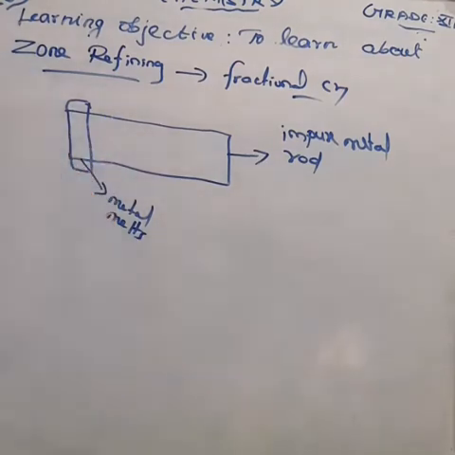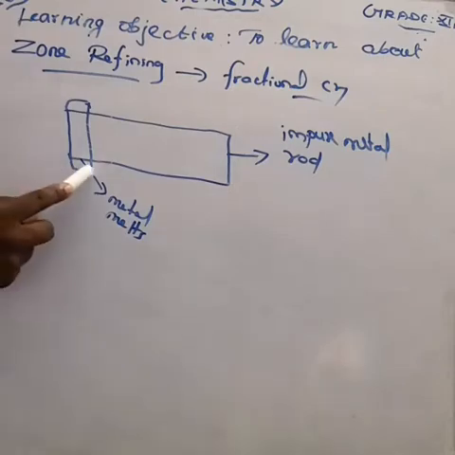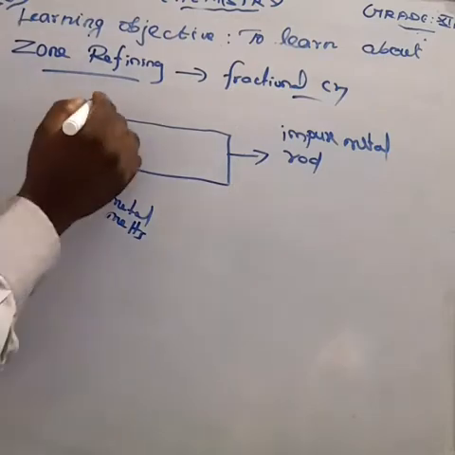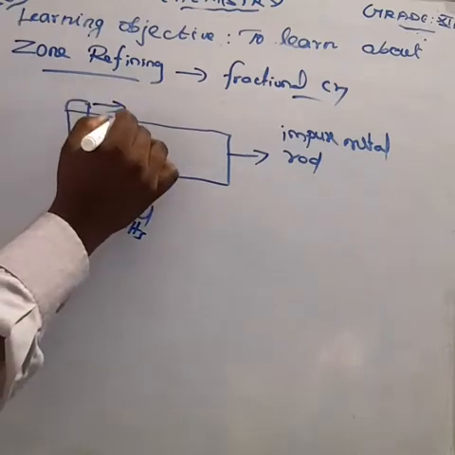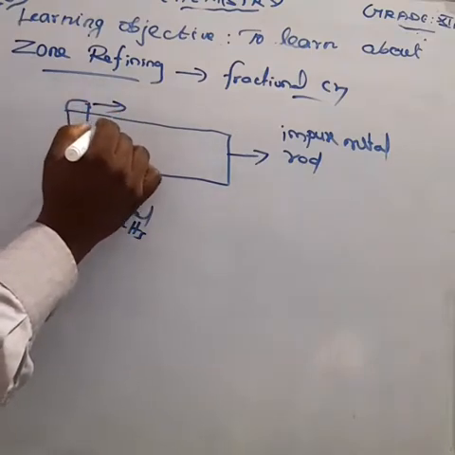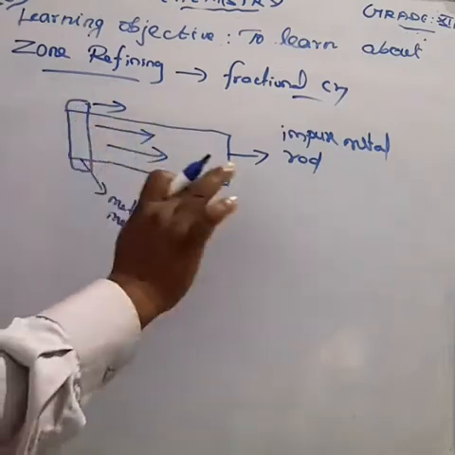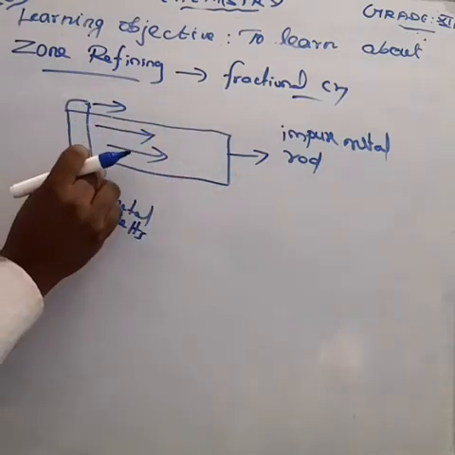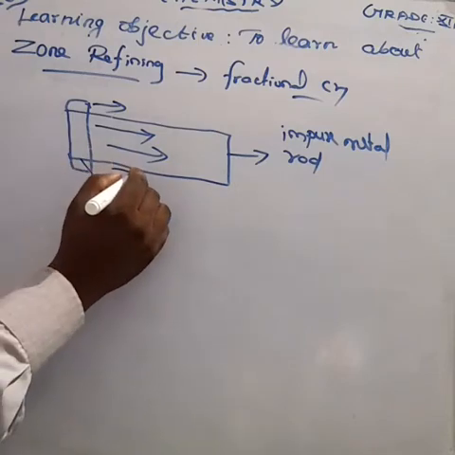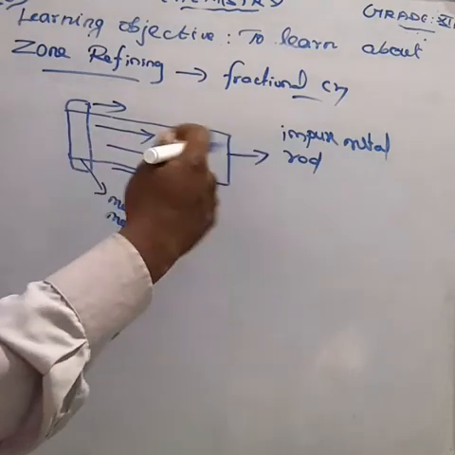So what is the reason? Because of the movement of the heater, I am moving the heater slowly. As the heater moves further away, the molten zone containing impurities also moves along with the induction heater.